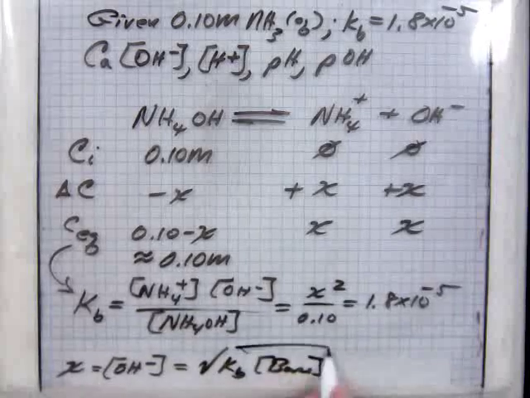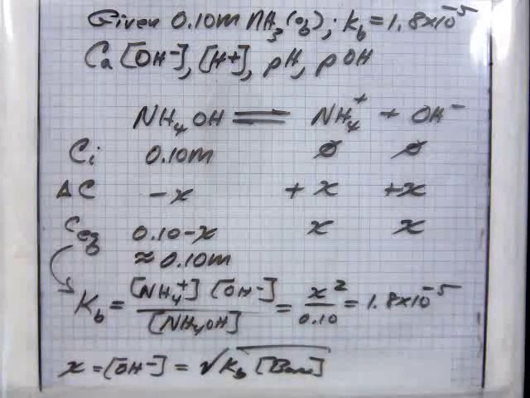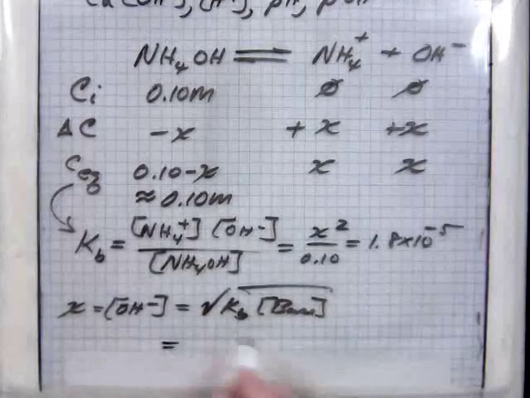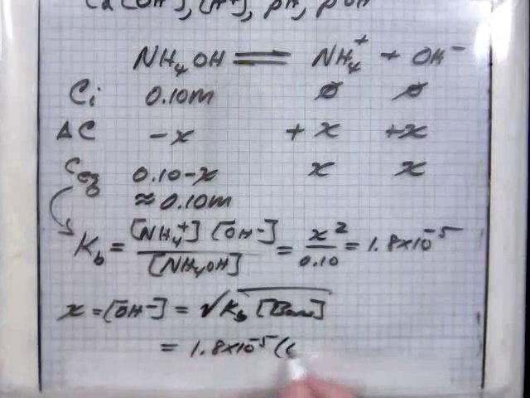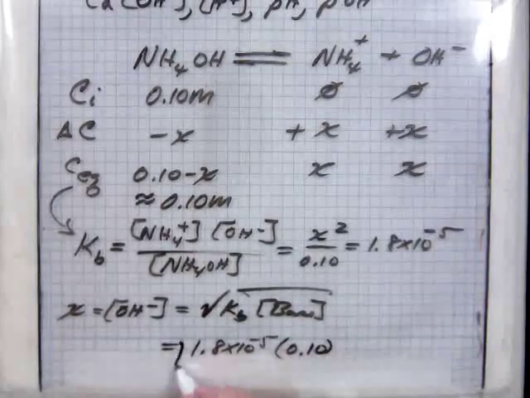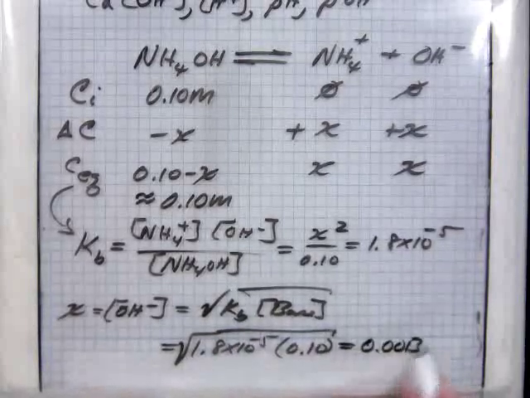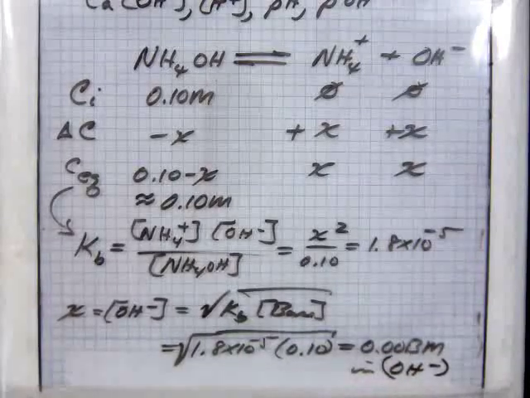So you see where the hydroxide uses the square root formula, just as hydronium ion uses the square root formula for the weak acids. And so this becomes the square root of 1.8 times 10 to the minus 5 times 0.10, and that's 0.0013 molar in hydroxides. I choose that because it's simpler.